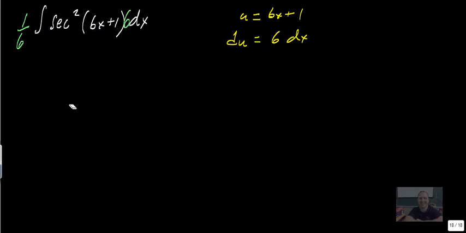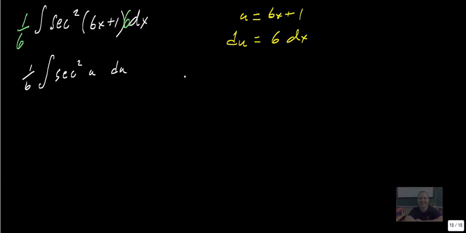Sorry, not integrate yet. Substitute. So let's substitute first, then we'll integrate. So we have 1/6 times the integral of secant squared u, 6 dx, which becomes just plain old du. Now I know what you're thinking. How are we that much further ahead, really?